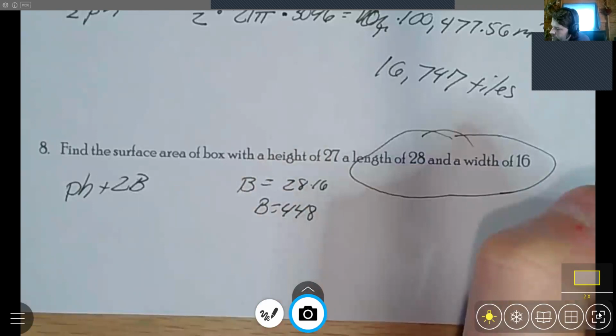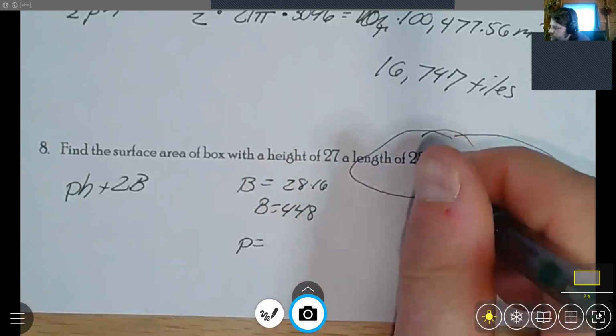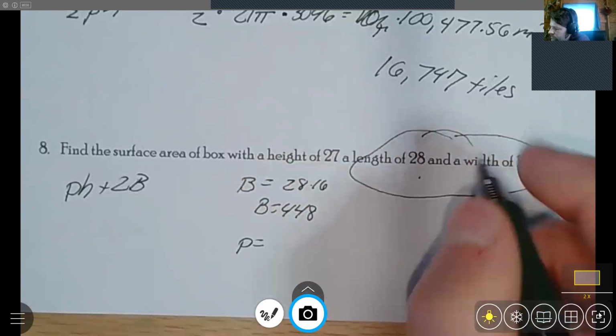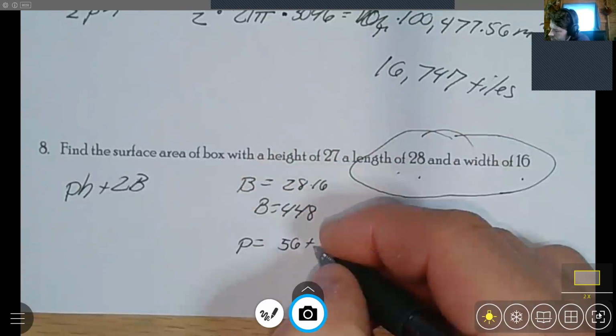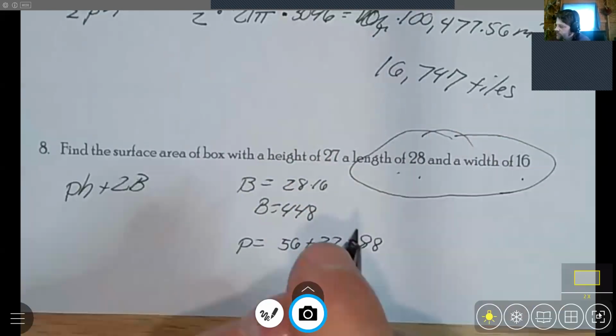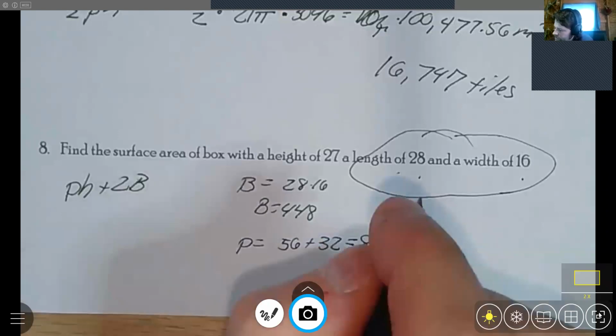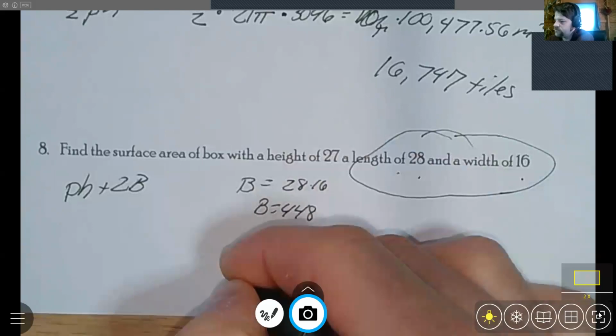And then the perimeter of the base is 2 times the length plus 2 times the width. So that would be 56 plus 32 is 88, and then the height is 27. So this is one way to do it.